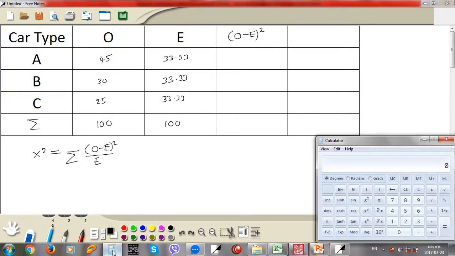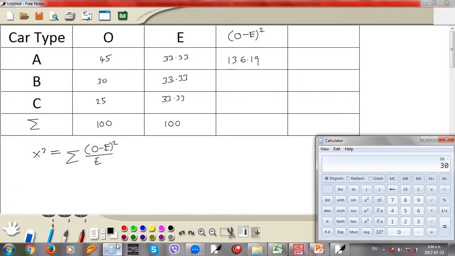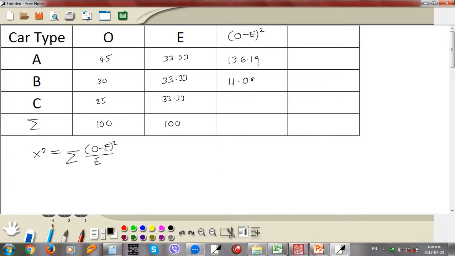Right, we can use the calculator. What is our observed value? 45 minus the expected value 33.33, then we square this value, and it comes to 136.1889, which is 136.19. Next, 30 minus 33.33 is minus 3.33, and its square is 11.0889, so we write 11.09.